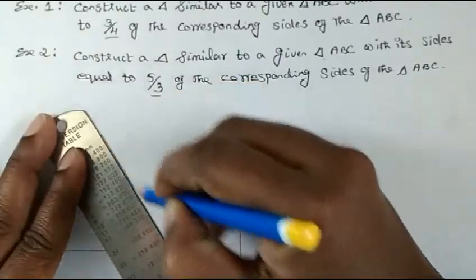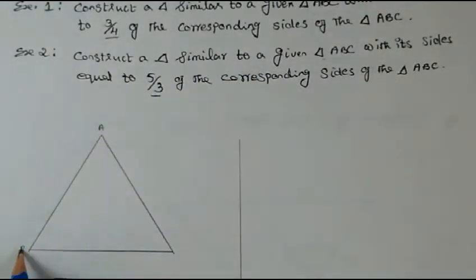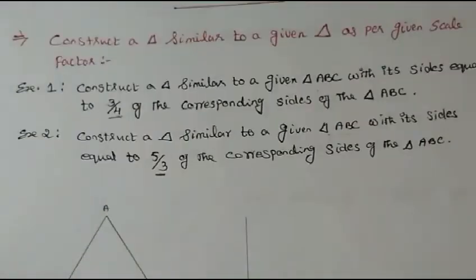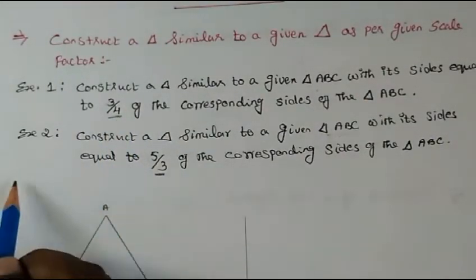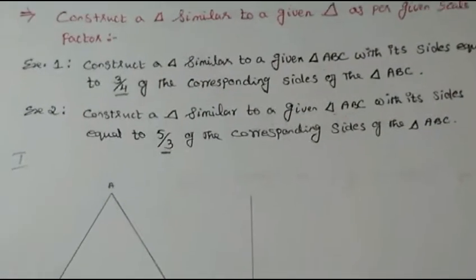Without any measurement, I am just drawing a triangle ABC. First we will do the first part. So we have drawn a triangle ABC.